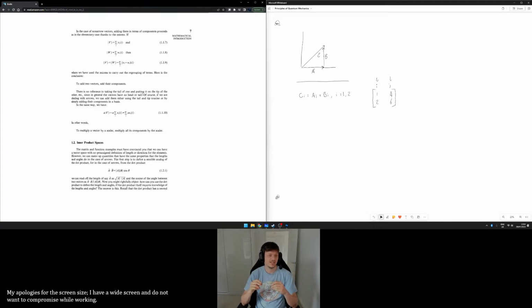Good, I understand that. And it says, if we are dealing with arrows, we can add them together, of course. In the same way, we have this. So this is equal to the sum of all vectors, because the sum.